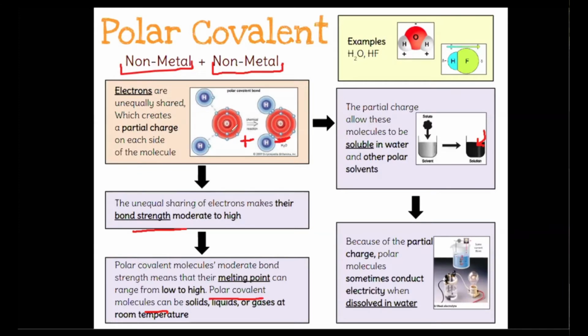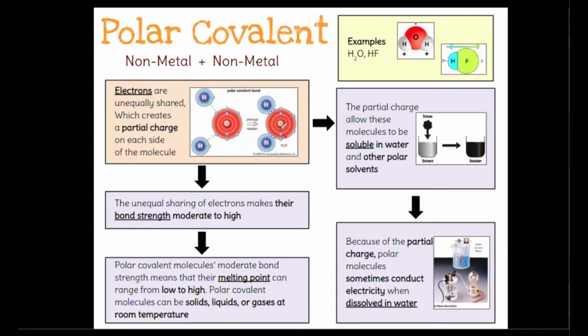So here is our example. We have hydrogen and oxygen. Our oxygen is going to end up with a partial negative charge because it wants the electrons more than the hydrogens. So while they're sharing them, the oxygen holds on to them more.